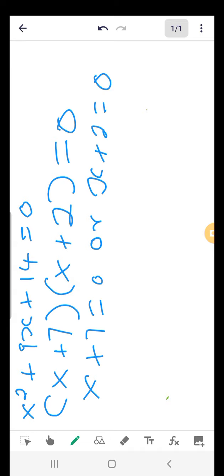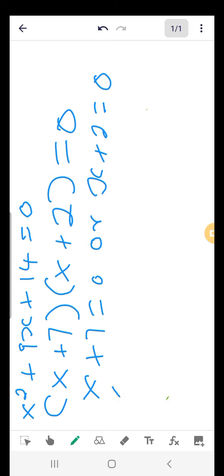When you move a number from the left hand side to the right, or when a number jumps the equal sign, it changes the sign. We've got positive 7 here, x plus 7. So we're going to make x subject of the formula, taking 7 to the other side of the equal sign. It's going to change sign and be negative.